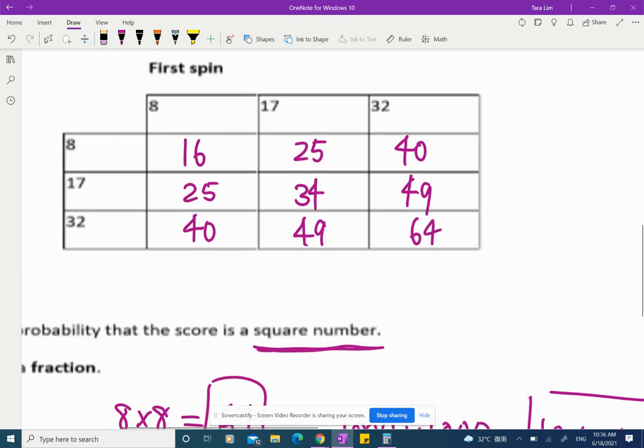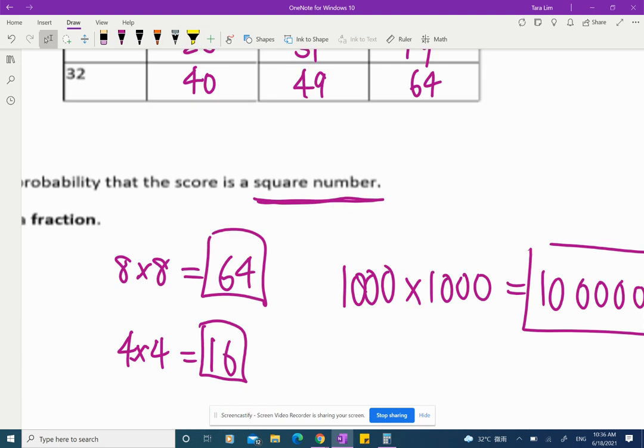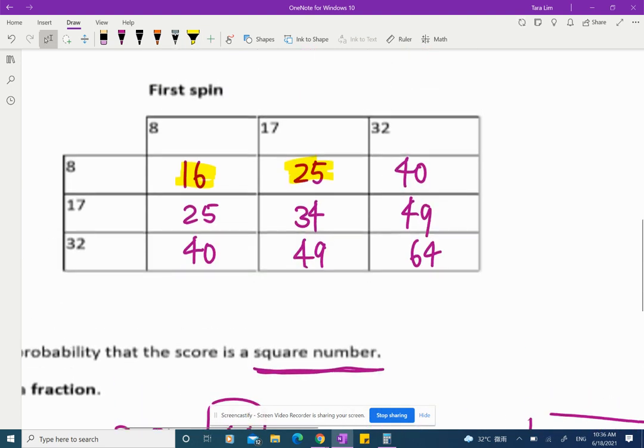So let's see here. We have 16. So 16 is a square number. We highlight that. 25, also a square number. Now, the reason why 25 is a square number is because 5 times 5 is 25. And 16 in this case, 4 times 4 is 16, so 16 is a square number. Now 40, is 40 a square number?